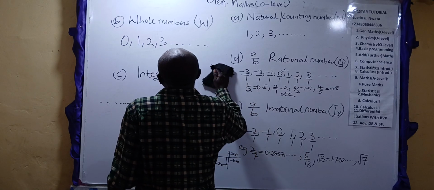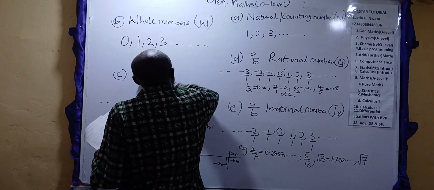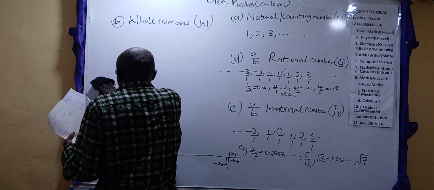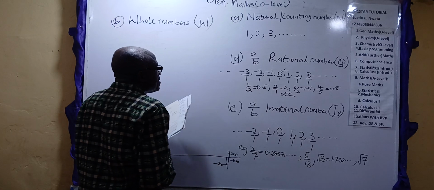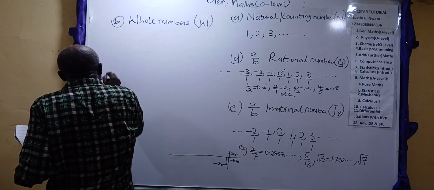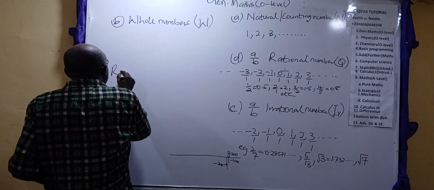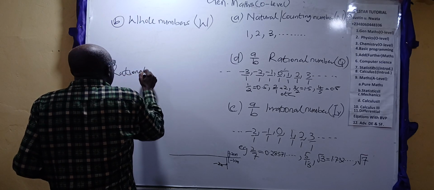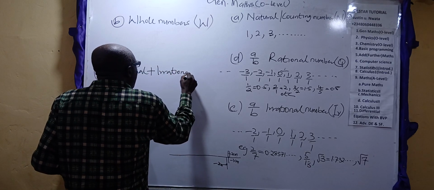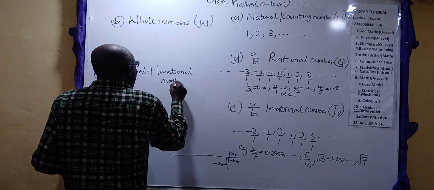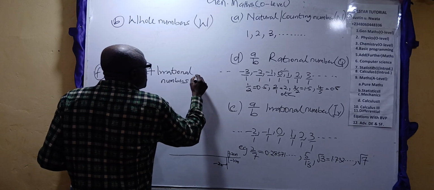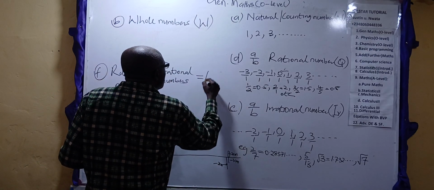So, in summary, before we summarize: the rational numbers plus their counterpart, the irrational numbers, are given the name real numbers.